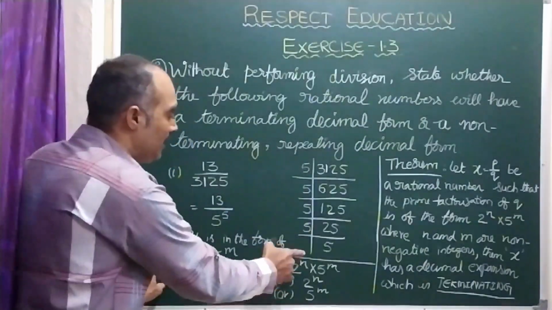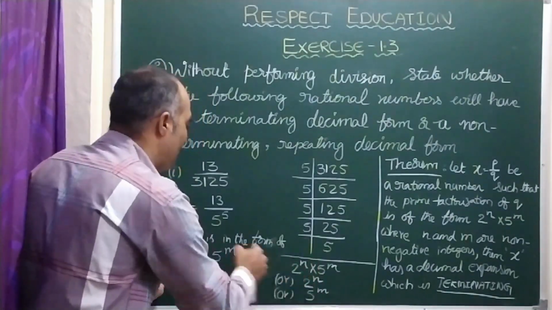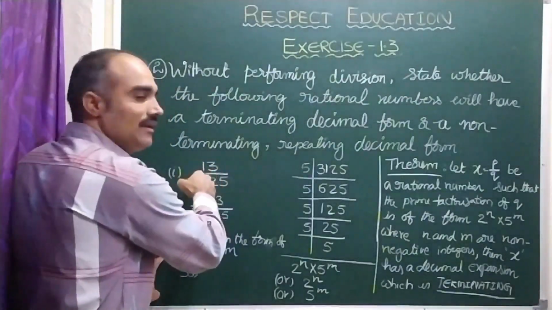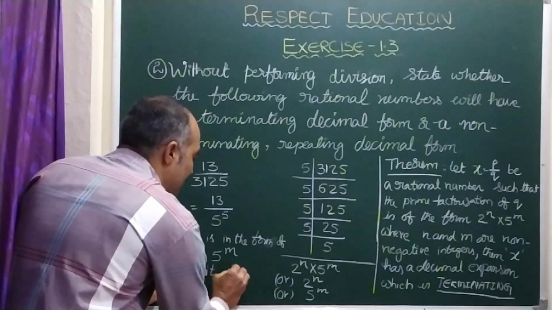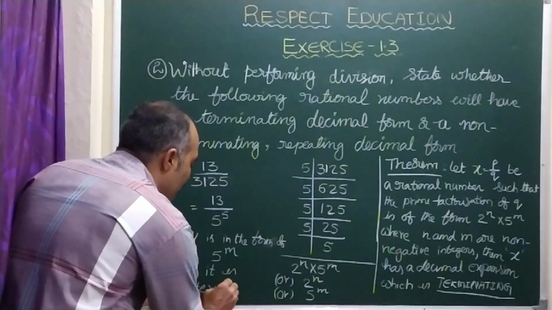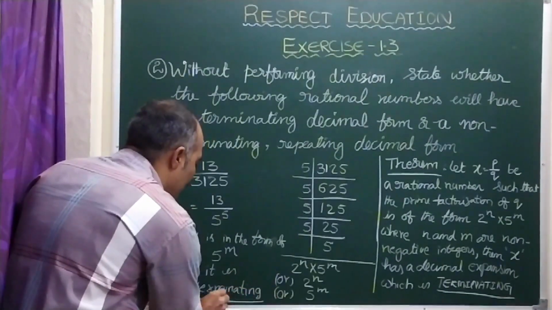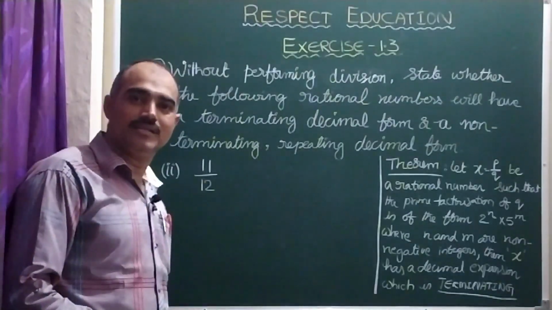As I told you, it may be of this form or this form or this form. It is under 5 power m. So the given rational number is terminating. So here I am writing, children, terminating. That's all.